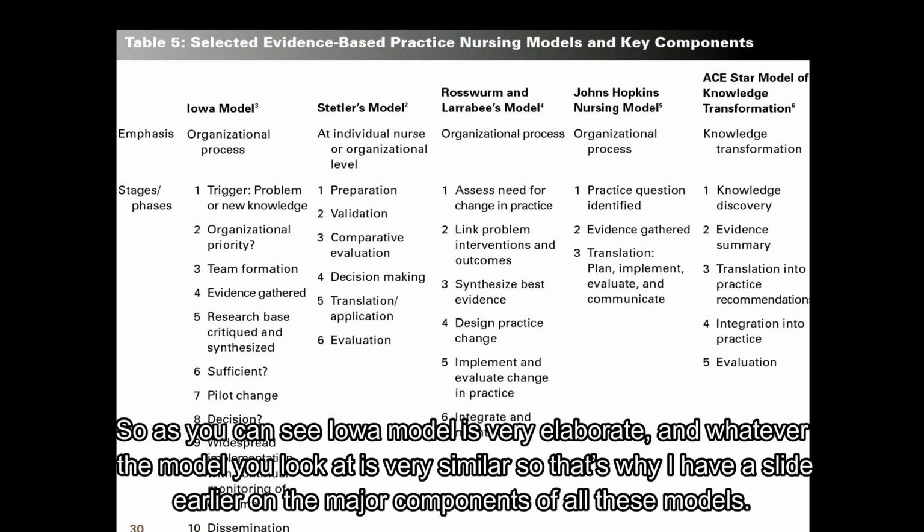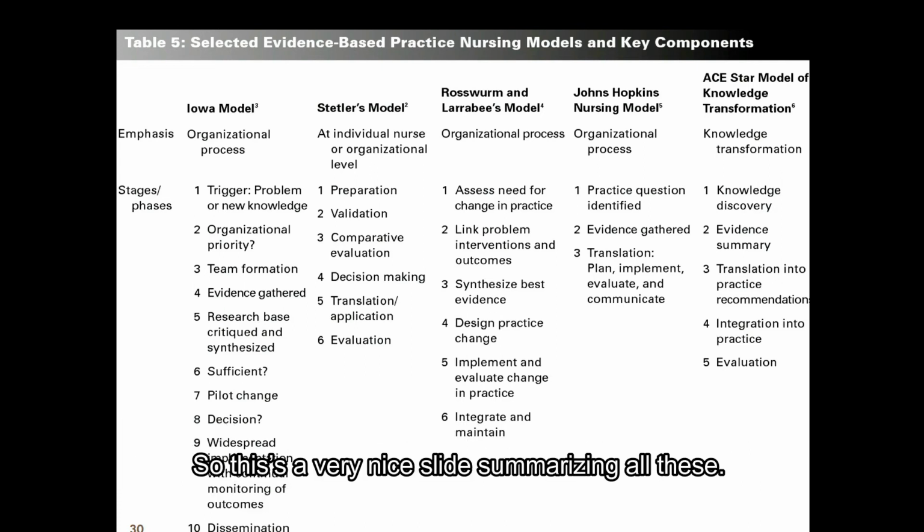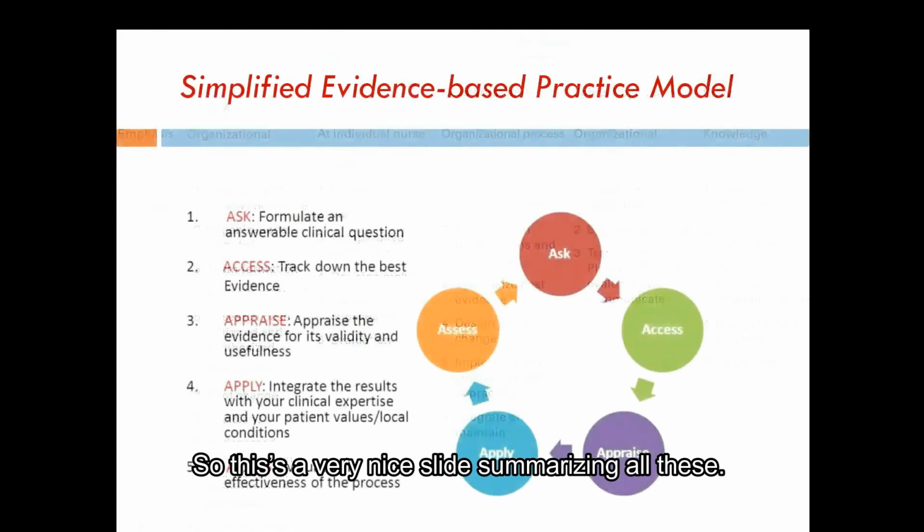And whichever models you look at are very similar. So that's why I have a slide earlier on, the major components of all these models, okay? So these are a very nice slide summarizing all this.